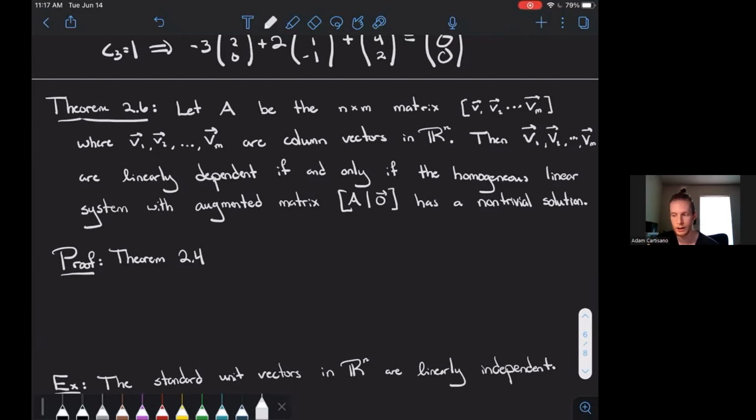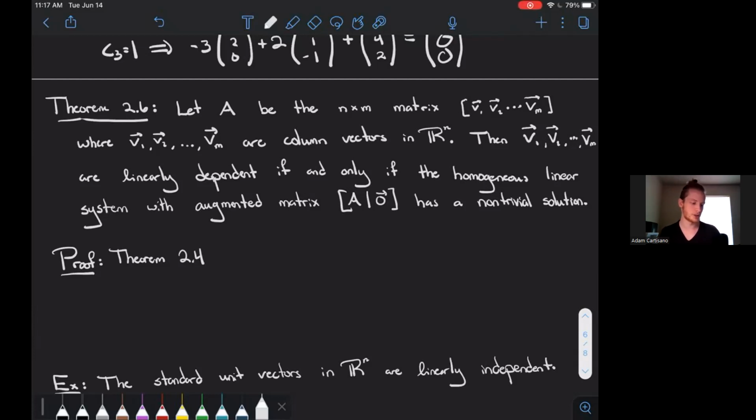Remember that we saw last time that a homogeneous system is always consistent. There's always at least one solution, namely the one where you take all zeros. But we call that the trivial solution. So we want another solution. Let's see if we can prove this.